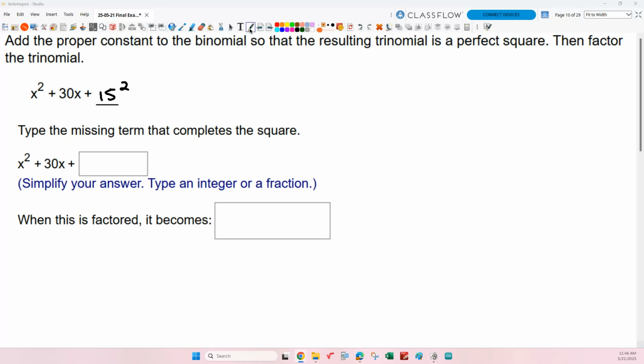So what is 15 squared? 225. Okay. So then when it's factored, what does it look like? x plus 15 squared.